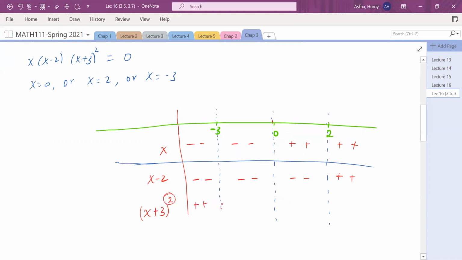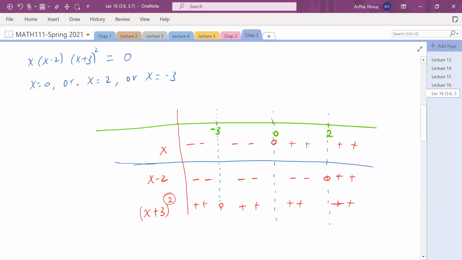So here it's positive, here it's 0, here it's positive, here it's positive, here it's positive. Okay? It's always positive except at this point. And this is 0 at this point.